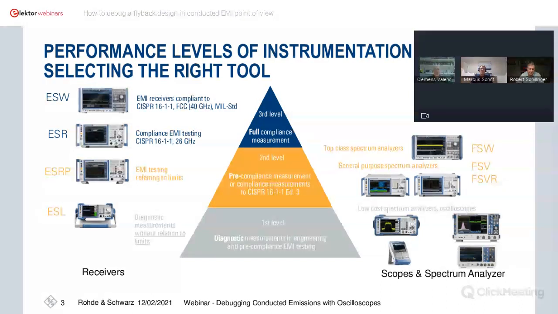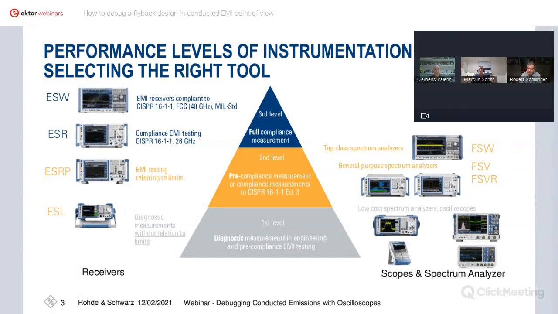The second level is pre-compliance, so everything which differs from the compliance measurement. It is also covered by EMI test receivers with lower class instruments, and at the same time it can also be performed with some top class spectrum analyzers and also some general purpose spectrum analyzers with some additional options.